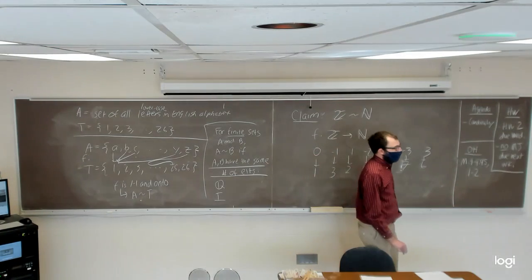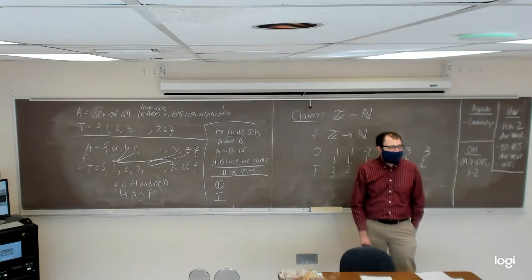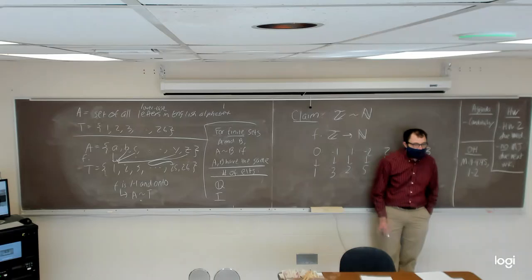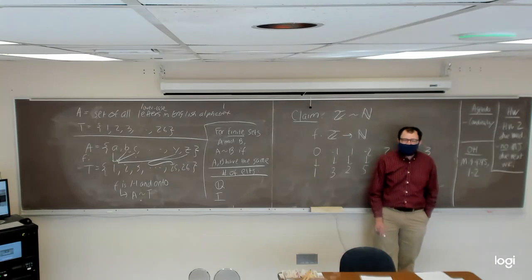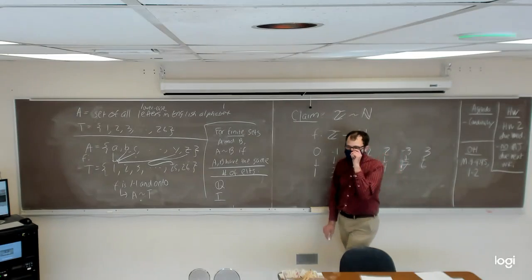Infinity times 2 is not any bigger than infinity. Infinity squared is not any bigger than infinity. 2 to the power of infinity is actually bigger than infinity, but that's a topic for next week.